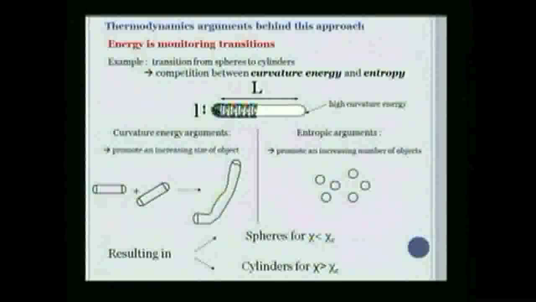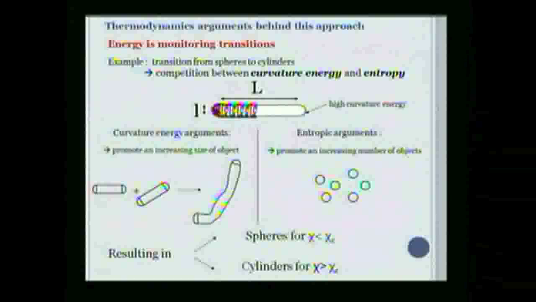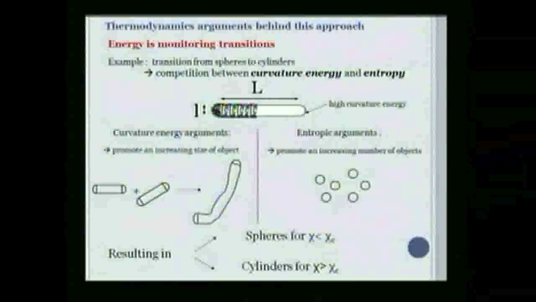So it costs less energy to make a cylinder than to make a sphere, except that you have two hemispheres to end the cylinder. The two caps of the cylinder have a lot of curvature energy.